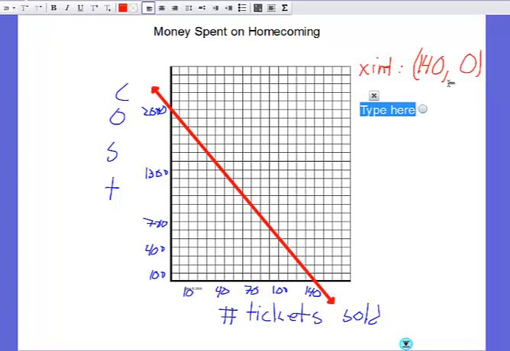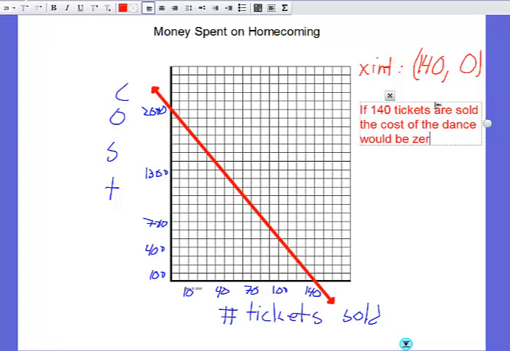Well, the x-axis in this question is the number of tickets sold, where our y-axis is the cost. So this solution says that if 140 tickets are sold, the cost of the dance would be $0. That's the interpretation of the x-intercept.